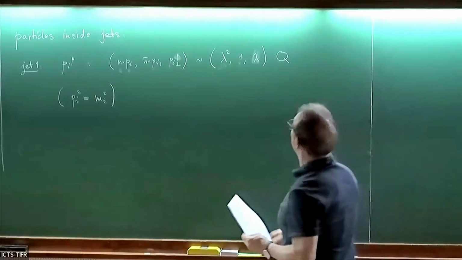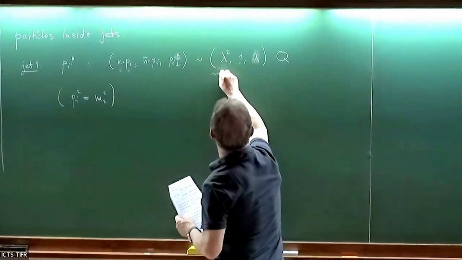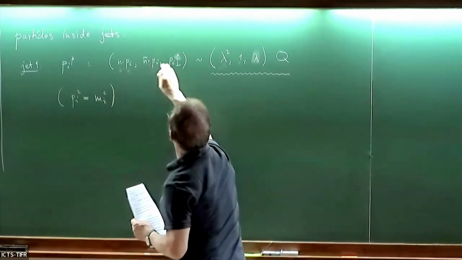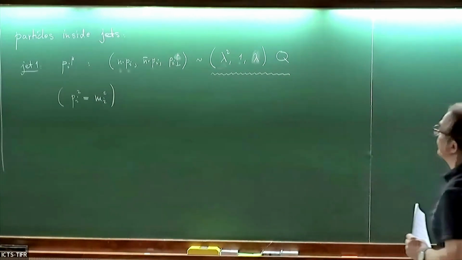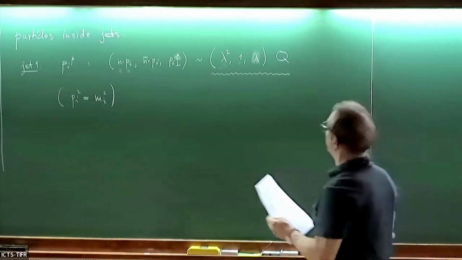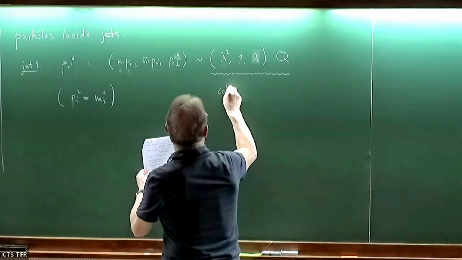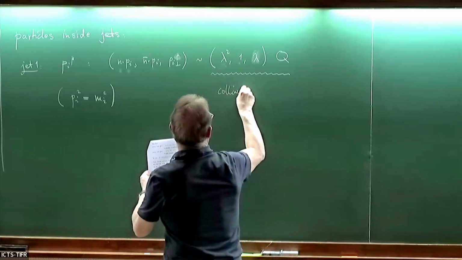And if we have a momentum with that scaling, so we will order the components in this way always, and if we have a momentum satisfying that scaling, then we call this a collinear particle or collinear momentum.